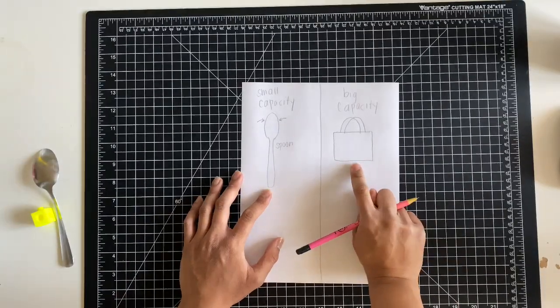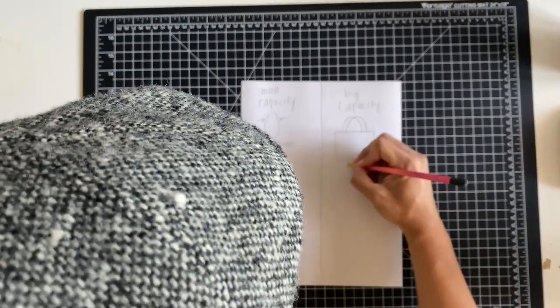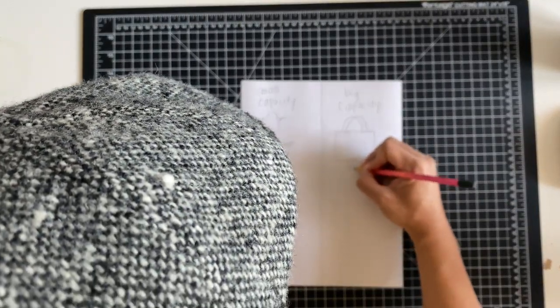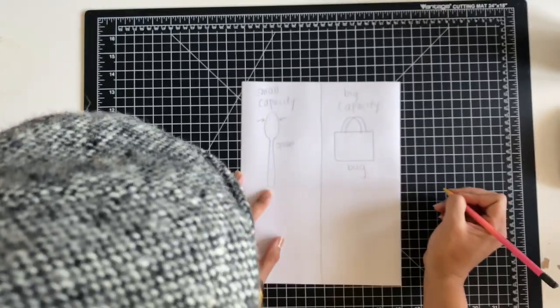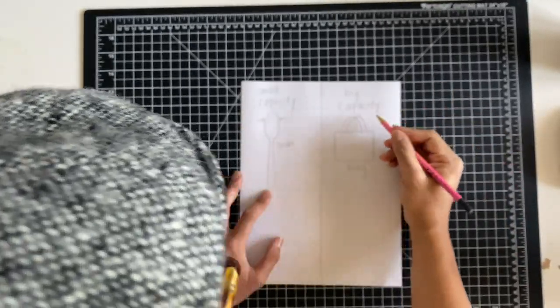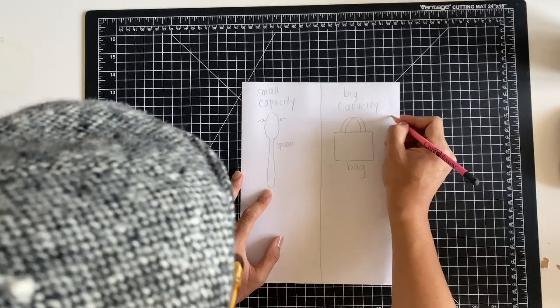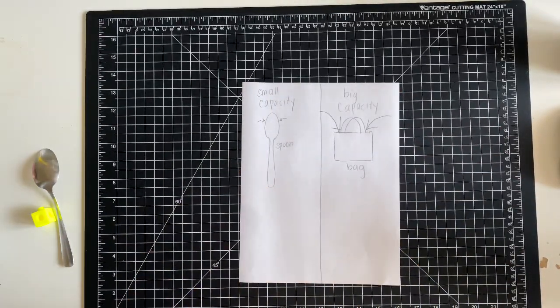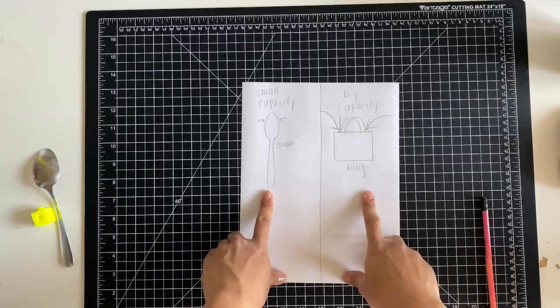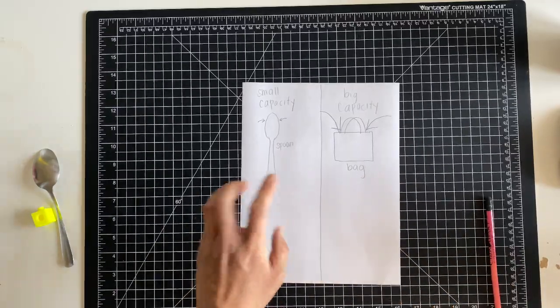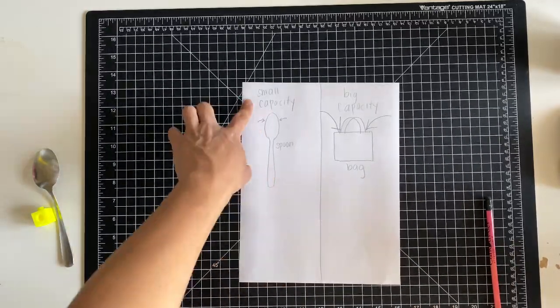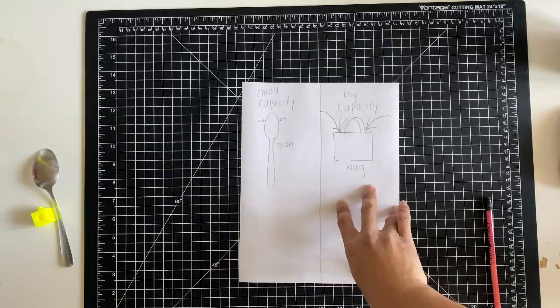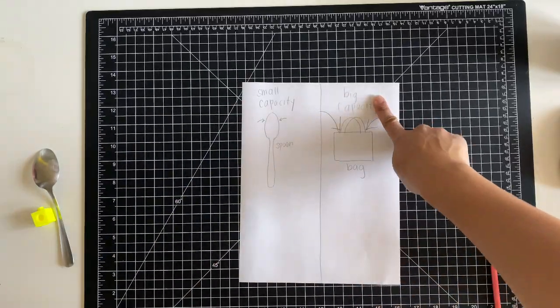I finished my drawing and I'm going to label it. I'm going to write down the word bag. And I'm going to label my drawing with 2 big arrows because it has a big capacity. Now, friends, I started, but I still need 2 more objects under small capacity and 2 objects under big capacity.